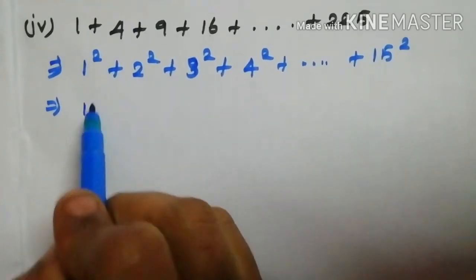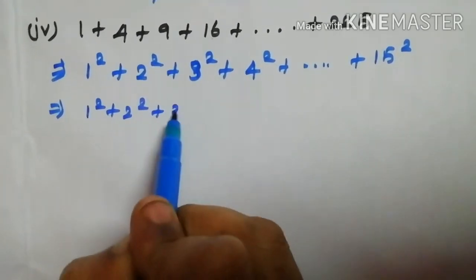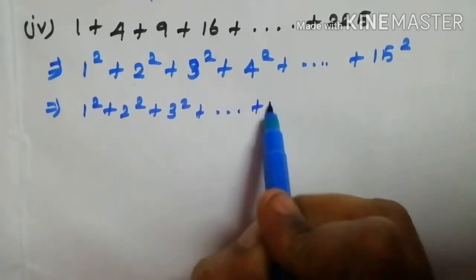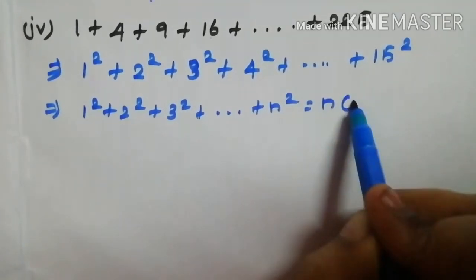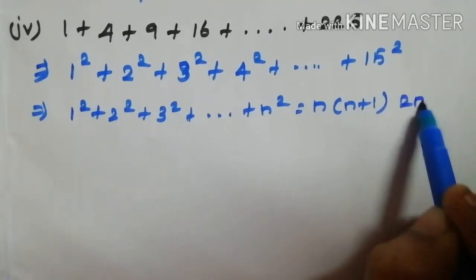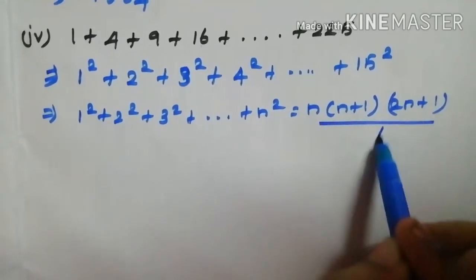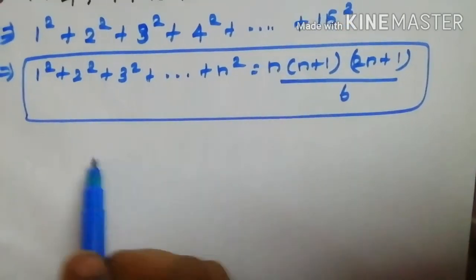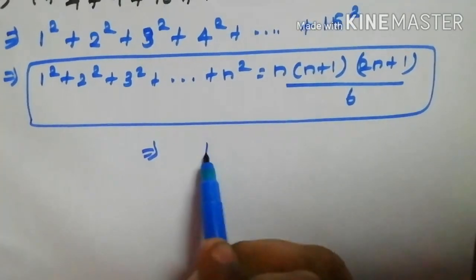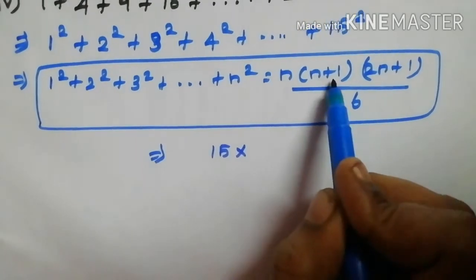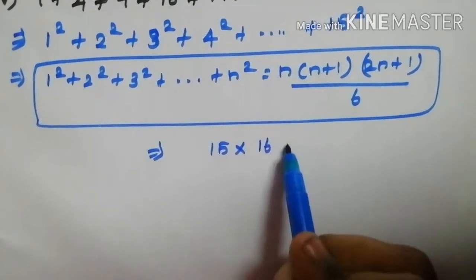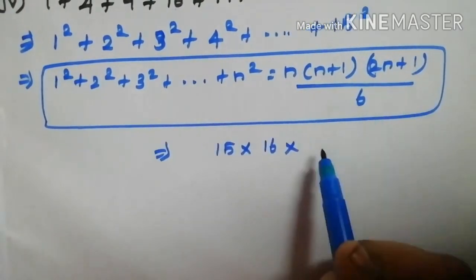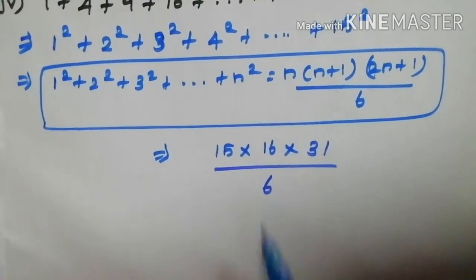So we have the formula 1 square plus 2 square plus 3 square plus etc. plus n square is equal to n into n plus 1 into 2n plus 1 by 6. Here instead of n we apply 15. So 15 into 15 plus 1, we have 16, into 2 into 15 is 30 plus 1, 31, by 6.